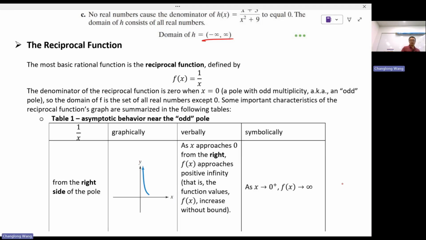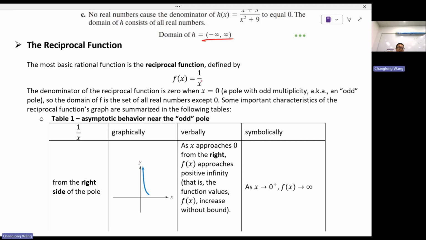But now, it turns out that for rational functions, we will also look into something as basic as 1 over x. So that's the simplest kind of rational function, right, with 1 pole, and the pole is at the origin. But later on, we will look into the multiplicity of the poles, just like the multiplicity of the zeros.